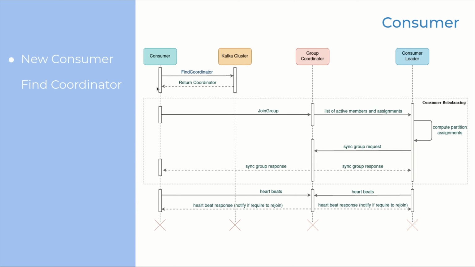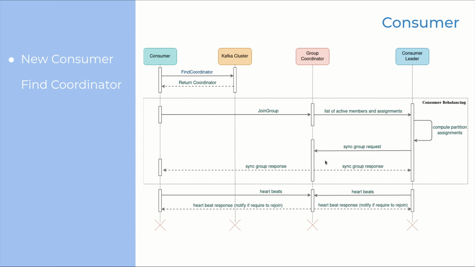The new consumer will call find coordinator on the Kafka cluster to get the group coordinator, and it will call a join group request on the coordinator. Then the coordinator will send the list of active consumers and their current partition assignments to the leader of the consumer group. Then the consumer group leader will compute the partition assignments and send the proposed assignments in a sync group request.